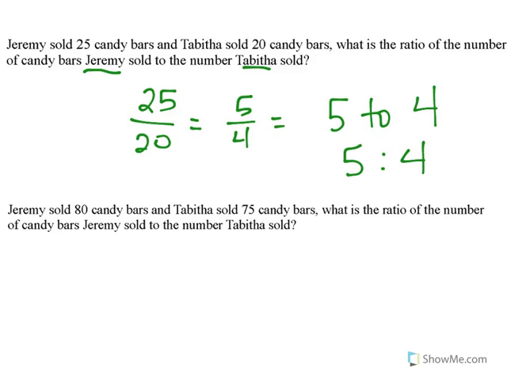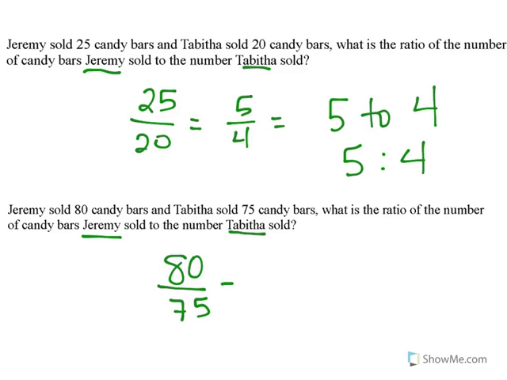All right, Jeremy sold 80 candy bars and Tabitha sold 75 candy bars. What is the ratio of the number of candy bars Jeremy sold to the number Tabitha sold? So, since Jeremy's name comes first, he goes on top, and Tabitha's name comes second, she goes on the bottom. Now we can reduce this.